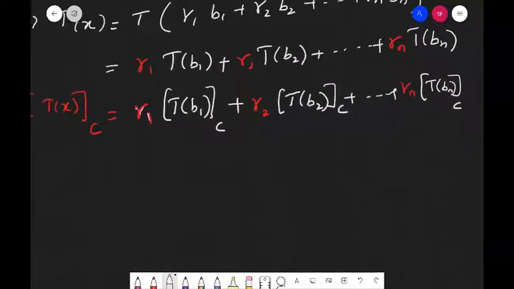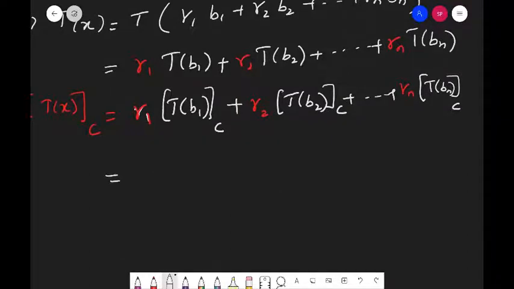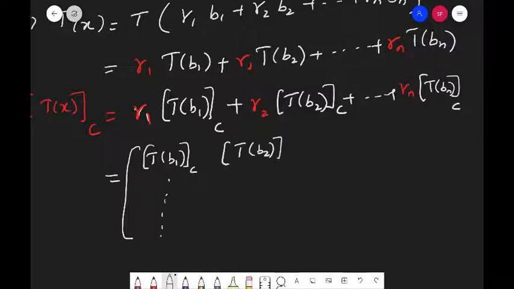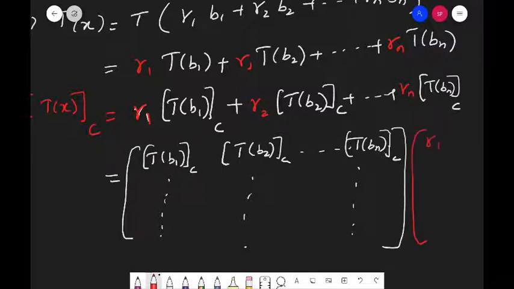This is nothing but I can write as a product of two matrices. The first one will have as its first column the coordinate vector of T of B1 with respect to C, then the coordinate vector of T of B2 with respect to C, and so on, up to the coordinate vector of T of Bn with respect to C. This is multiplied with the column vector R1, R2 and so on Rn.